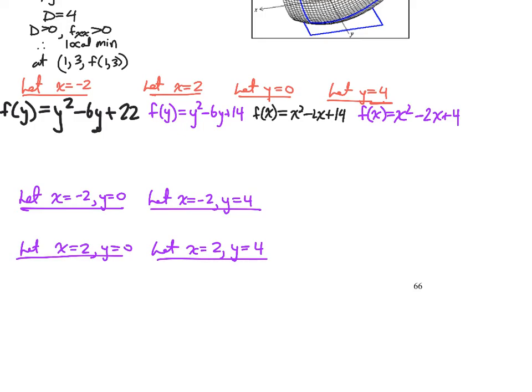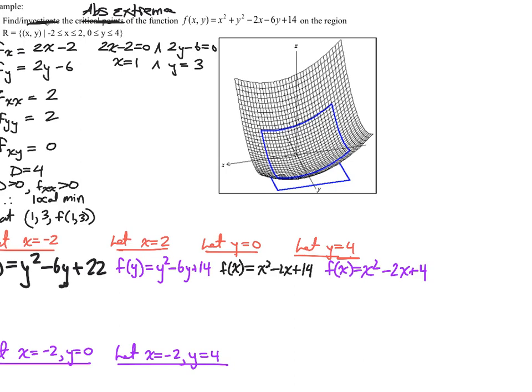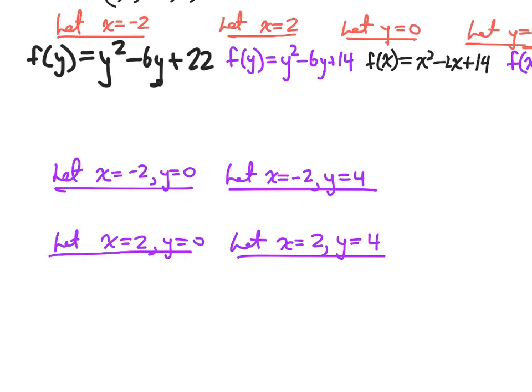So then what I'll do is I'll just type this function in general terms, x squared plus y squared minus 2x minus 6y plus 14. And this is the only time I'll have to type that. So I'll get a 22, because all I'm going to do is I'm going to replace these values.